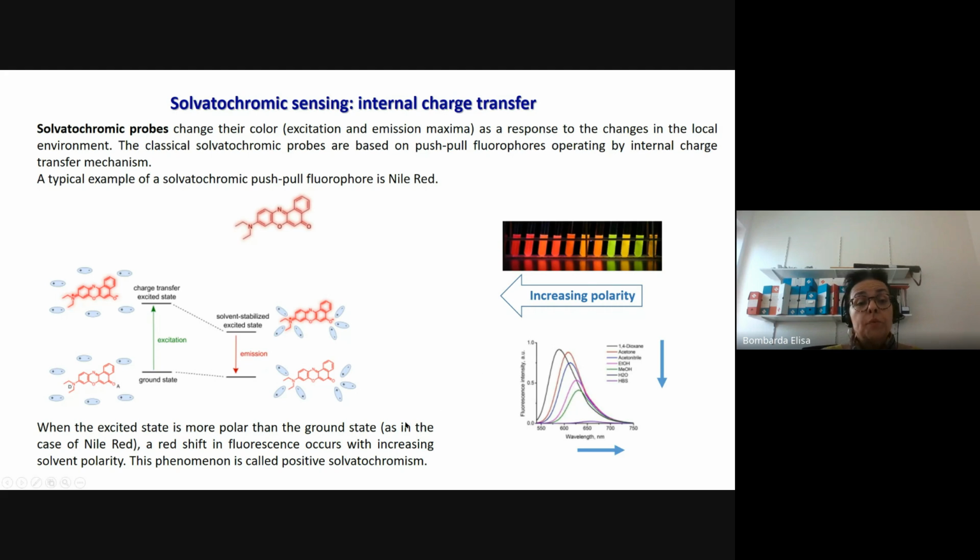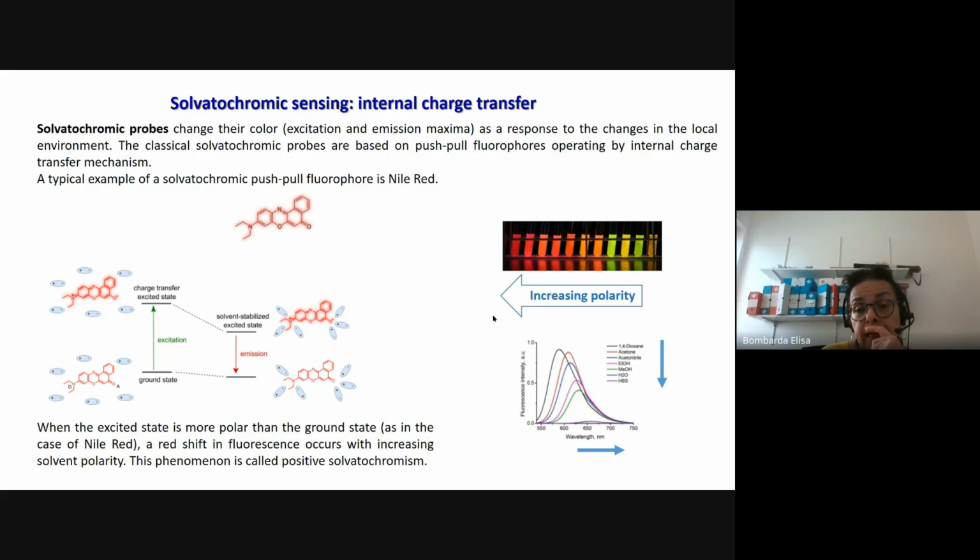That is an example, and Nile red is one of the most famous probes of this type for detecting polarity.